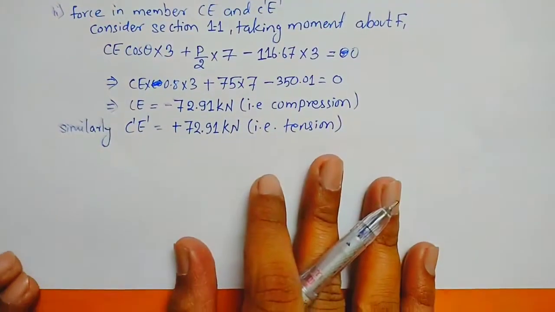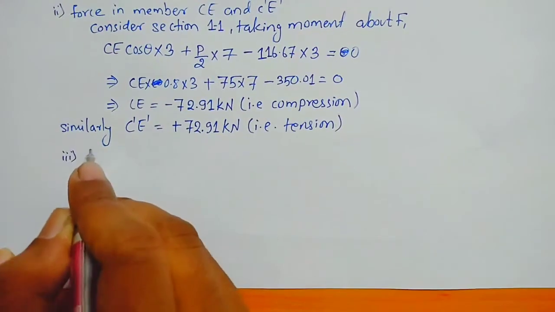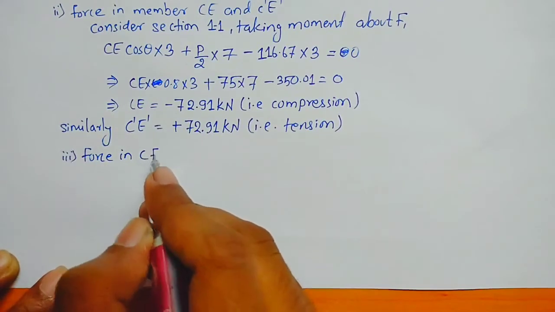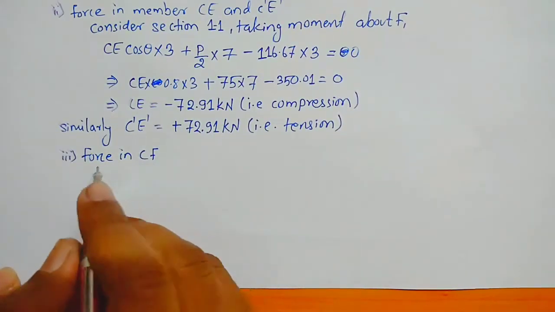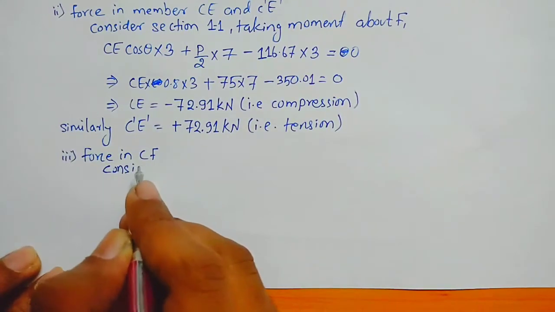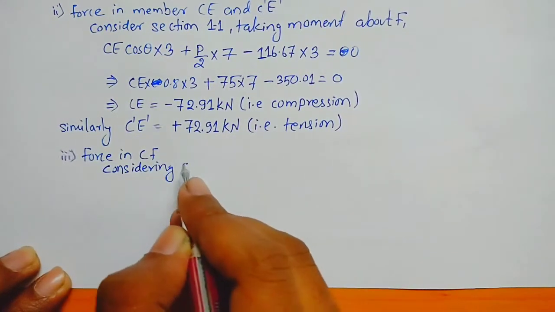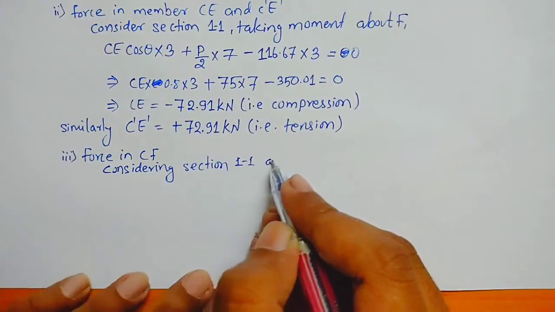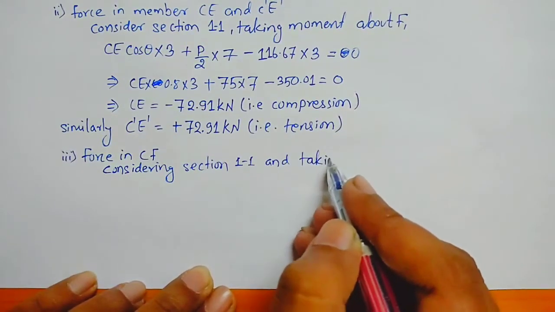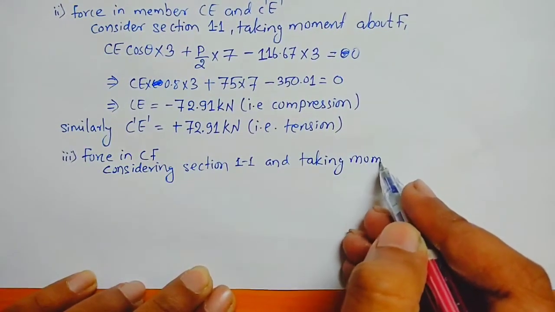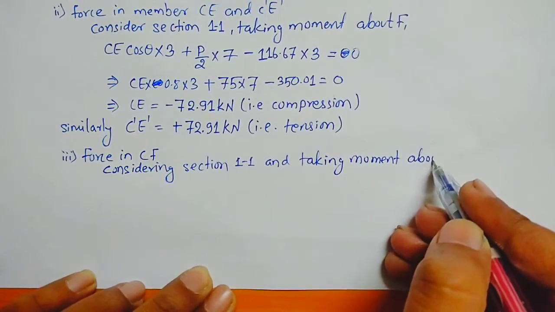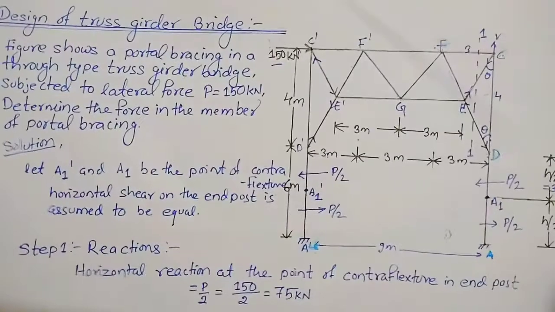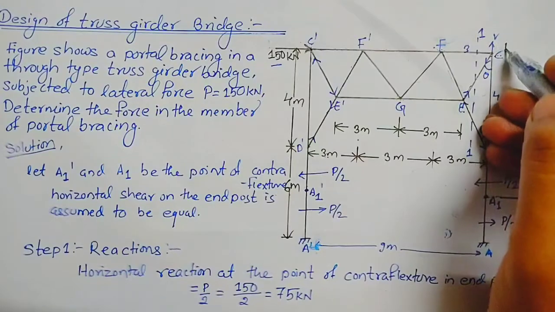So write down here, the force in CF. Again we will write here, considering section 1 and taking moment about, this time, guys, we have taken the moment about C. This was our first point of taking moment.